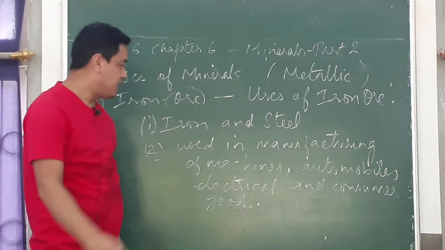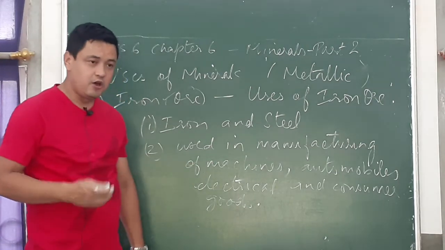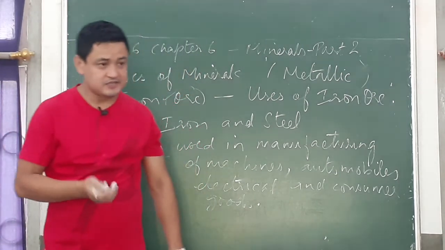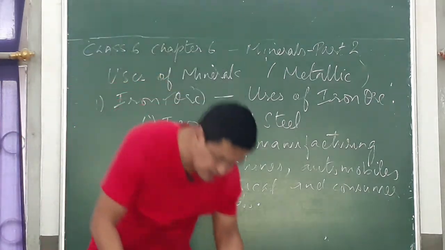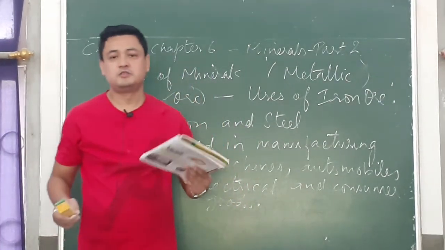So you can see here, it is used in manufacturing machines, automobiles, electrical appliances, wires, etc., as well as consumer goods, electronic equipment.